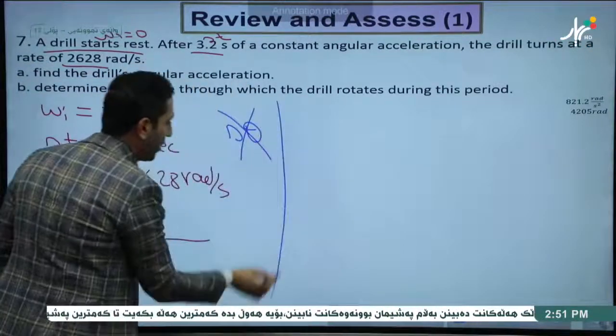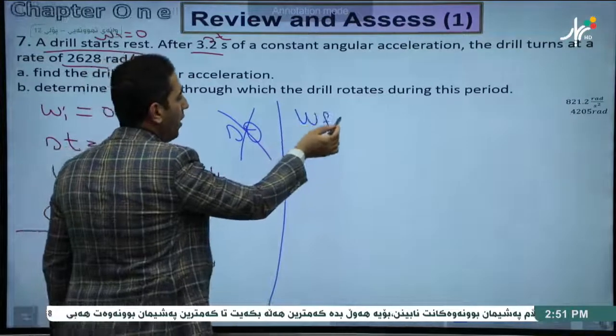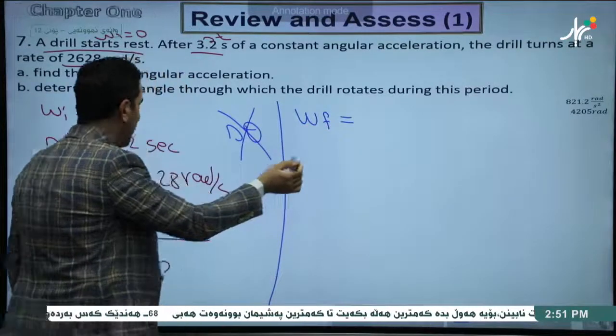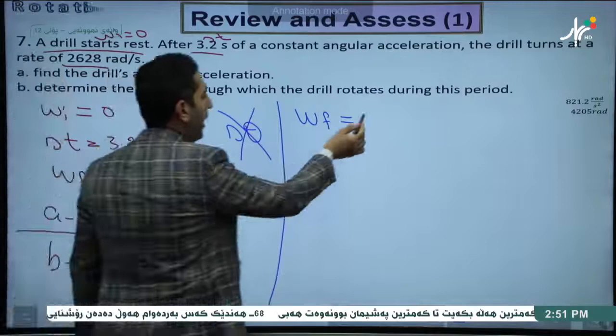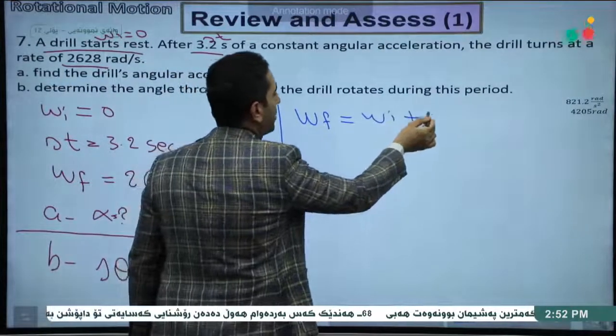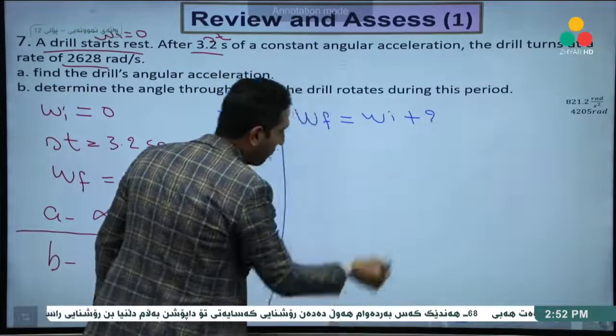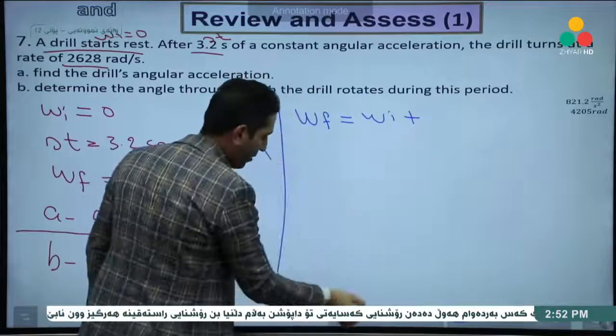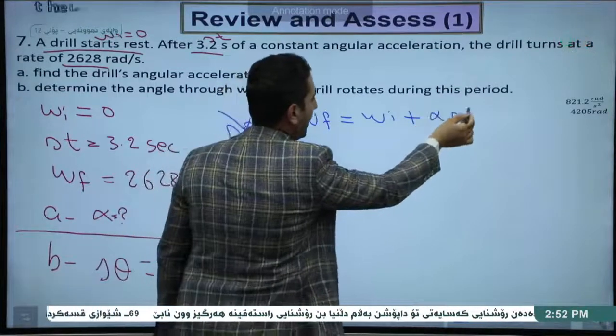Equation number 1: omega final is equal to omega initial plus alpha delta t.